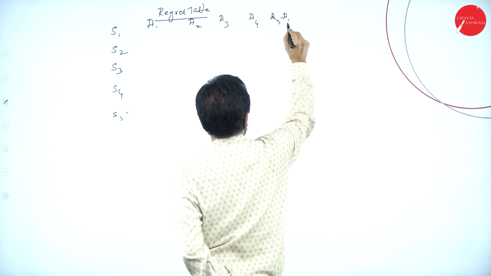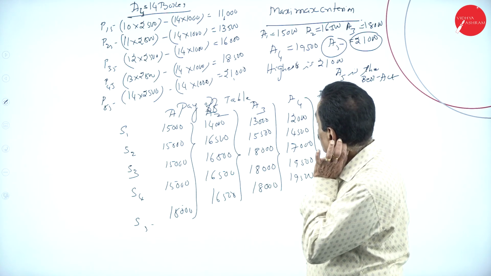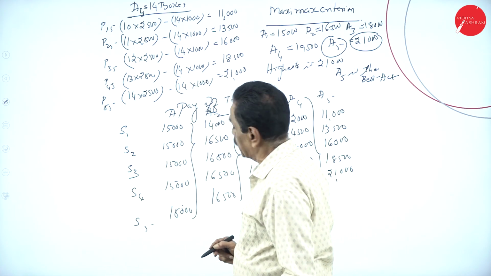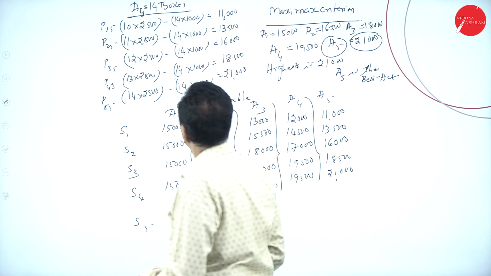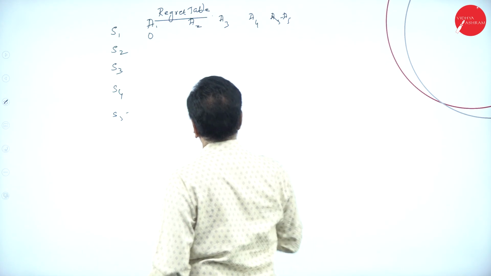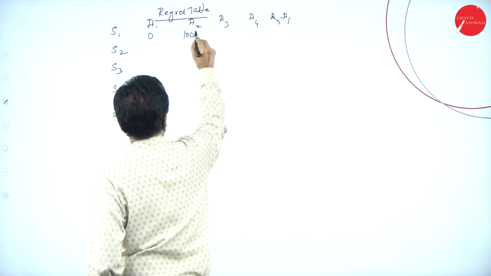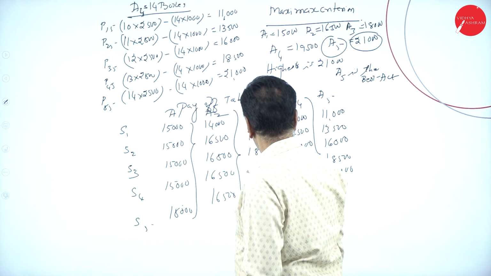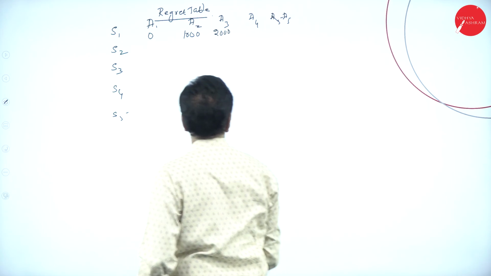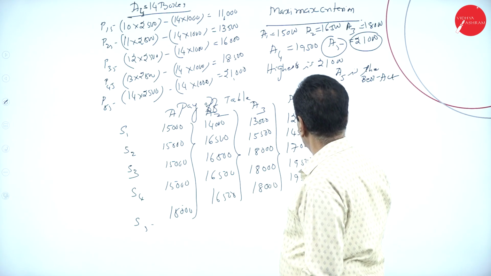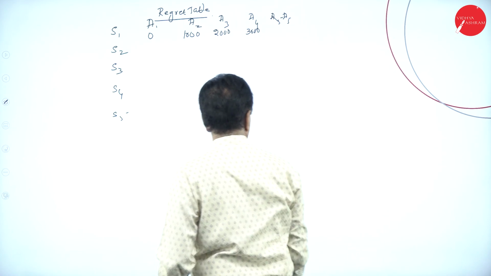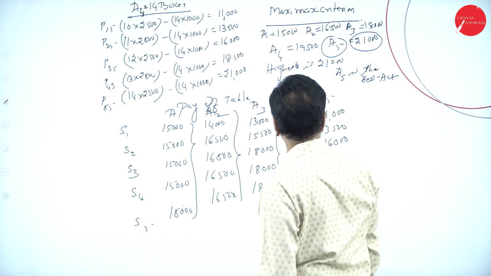Which is the highest one in the row? 15,000 is 0. Next, 14,000 is 1,000. Then 13,000 is 2,000. A4, 12,000 is 3,000. A5, 11,000 is 4,000.